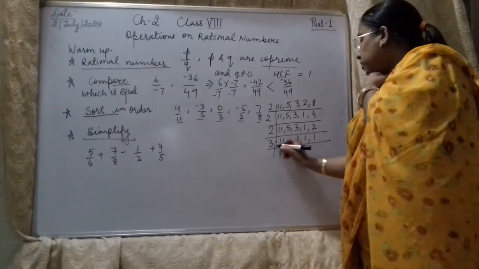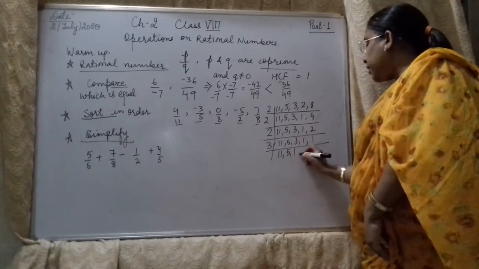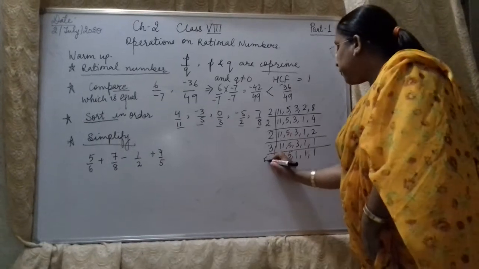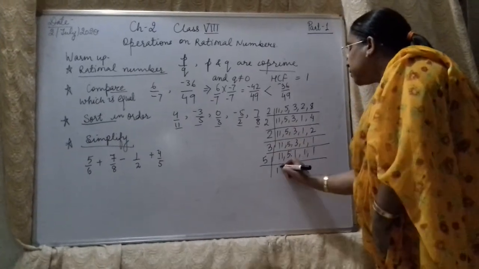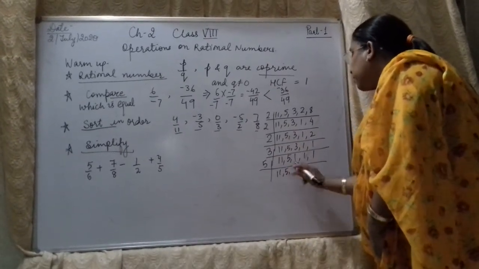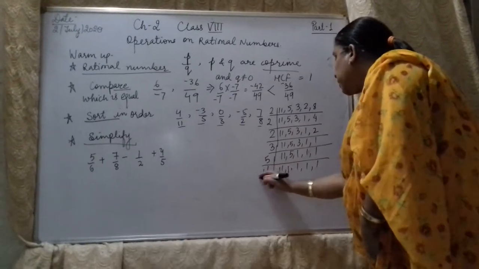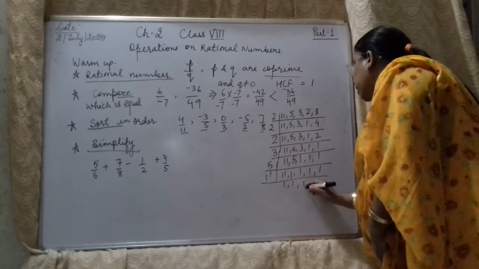Next is factor 3, then 5, then 11, which will make all 1s.